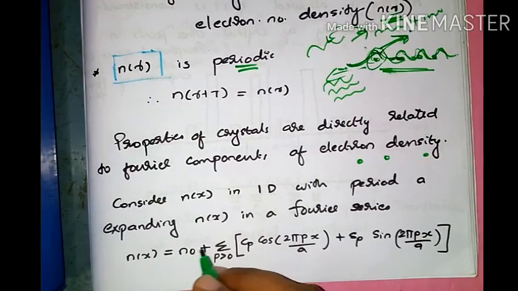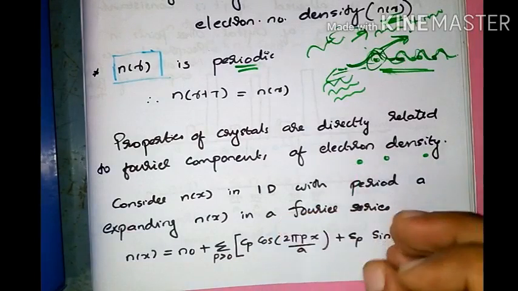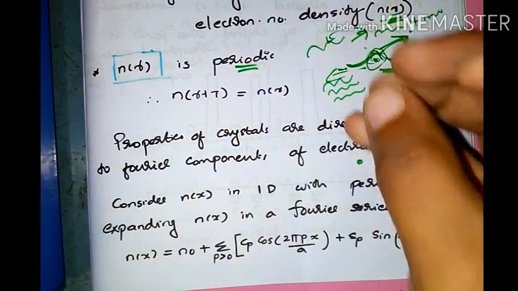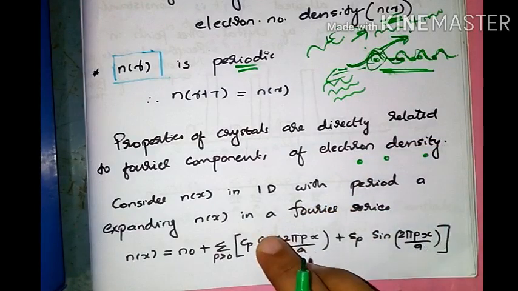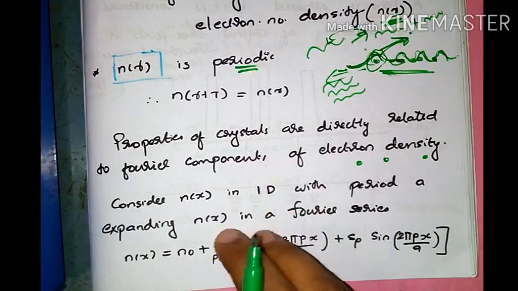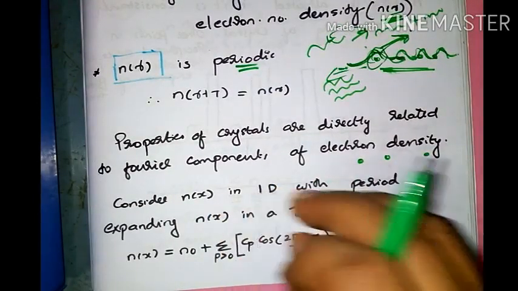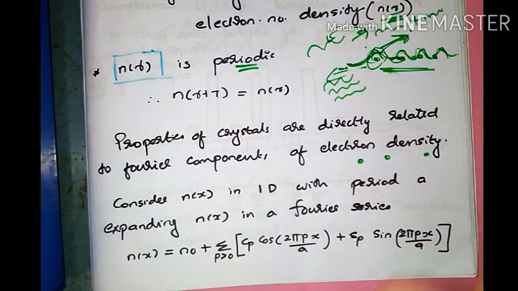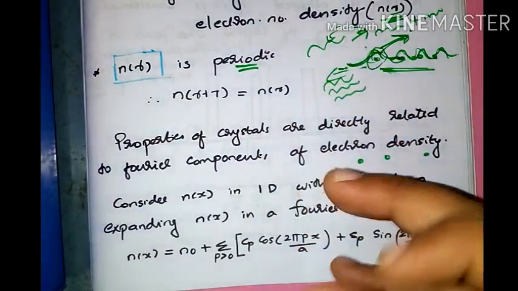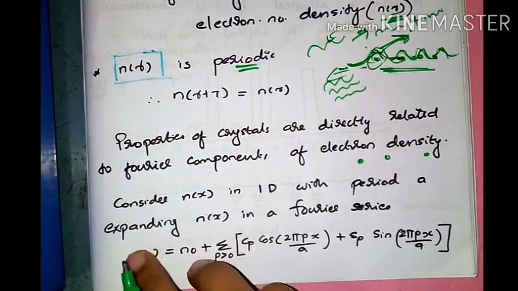n of x equals n0 plus a summation, where the Fourier components are taken as a mix of sine waves and cosine waves. So a large number of waves, sine waves and cosine waves, are taken, and they are mixed together to give this n of x.